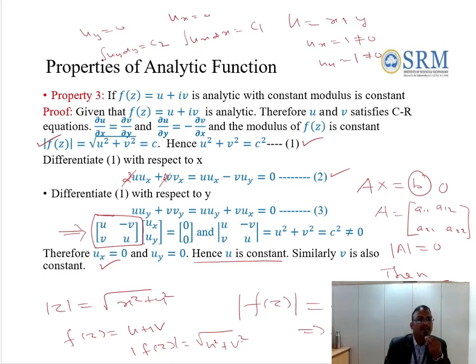By a similar argument, we can also prove that v is constant. If u is constant and v is constant, then the function f of z equal to u plus iv is a constant. That's what the statement says: if f of z equal to u plus iv is an analytic function with constant modulus, then the function is constant.